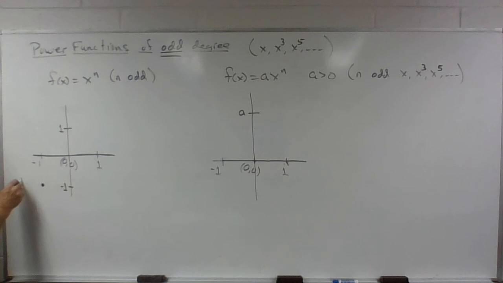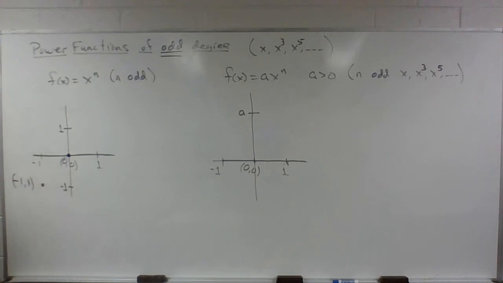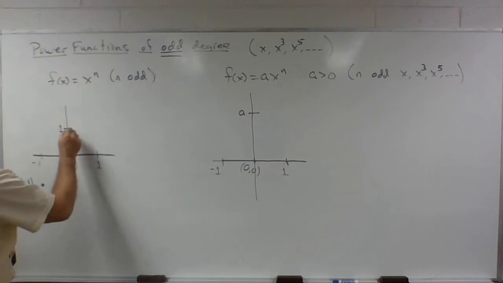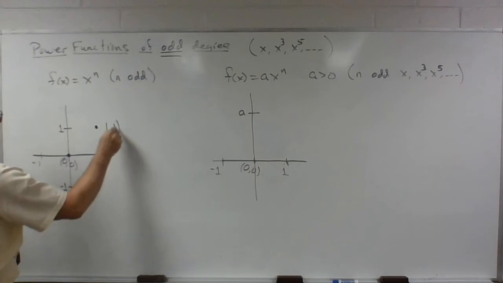So the point (-1, -1) is a point on the graph. When x is 0, 0 raised to the n power is 0, so the point (0, 0) is on the graph. And when x equals 1, 1 to the n power is 1. The point (1, 1) is on this graph.